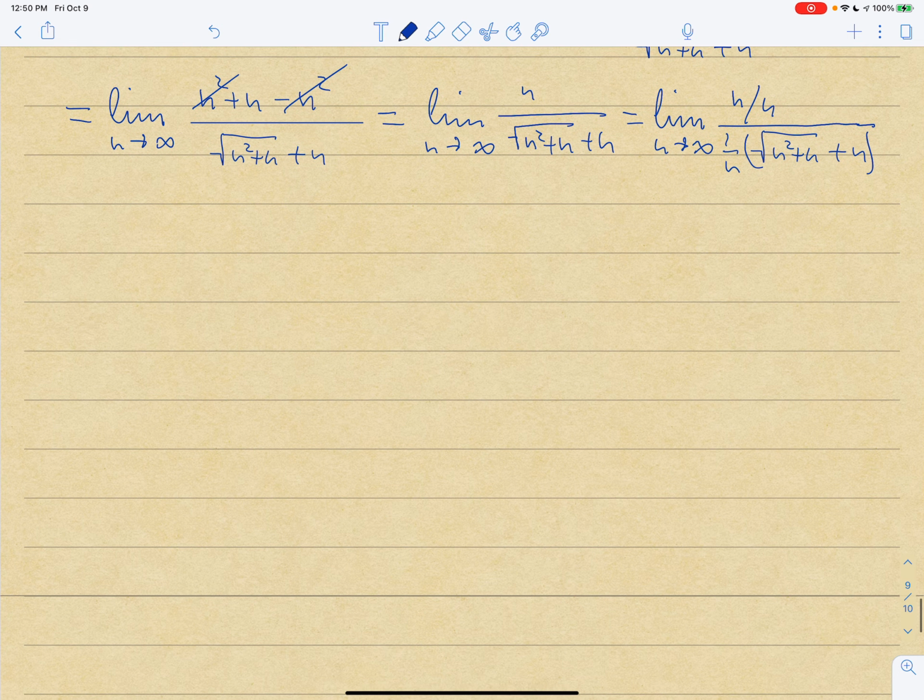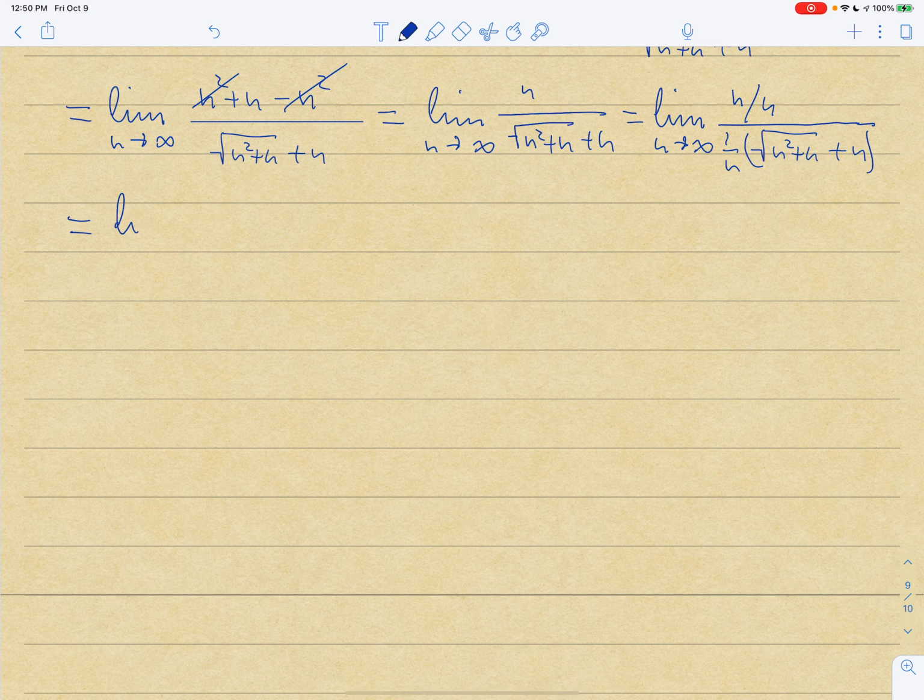Okay, now we simplify. n over n, of course, is 1. And what do I have in the bottom? So 1 over n, if I bring it inside the square root, becomes 1 over n squared. So inside the square root, then, we have 1 plus 1 over n, and n over n is 1.